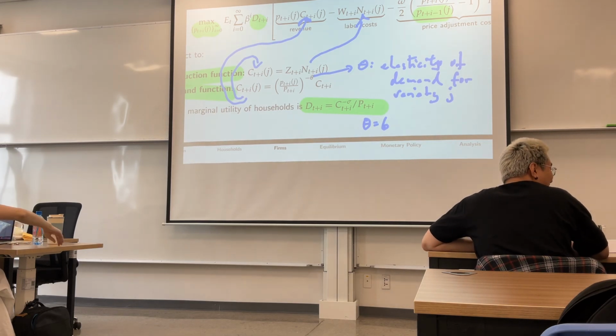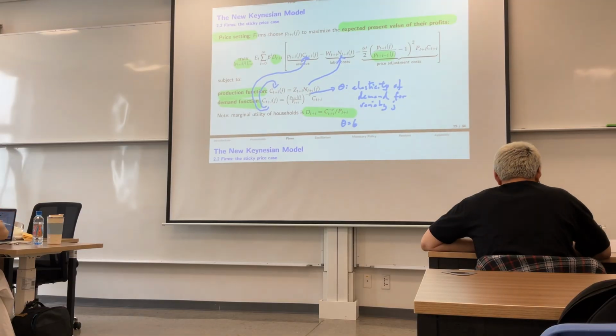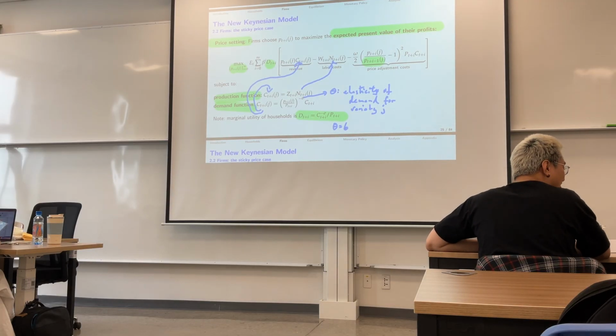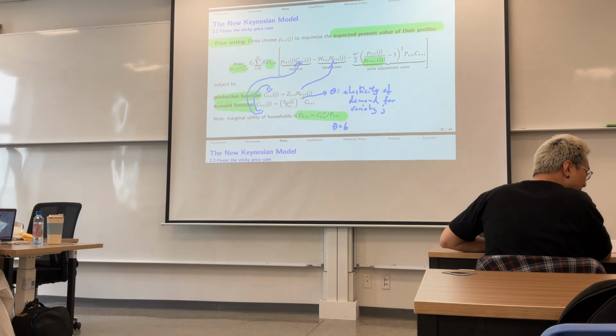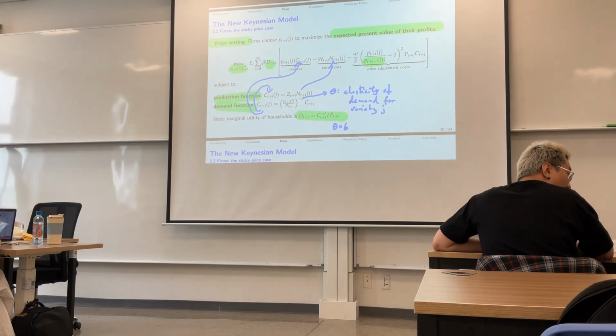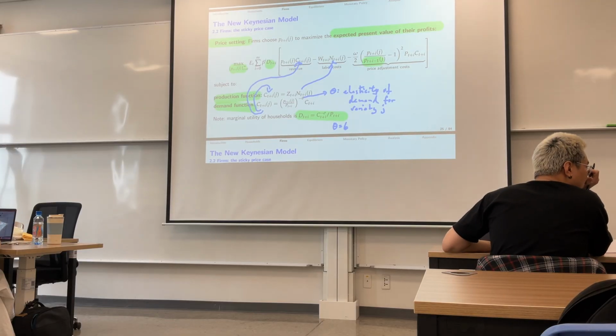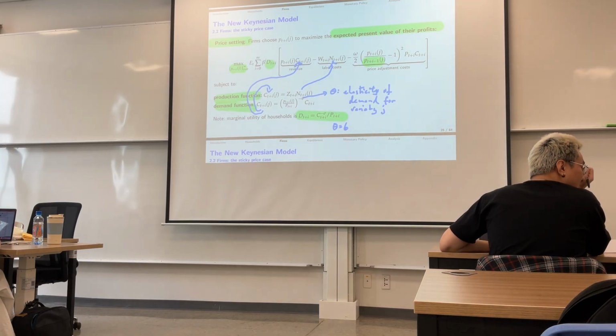So in general, there are different paradigms of introducing nominal rigidities in models. There are so-called time-dependent adjustment models and so-called state-dependent adjustment models. The state-dependent adjustment models are, for instance, models with menu costs, or in general, what's called S-s adjustment type models.